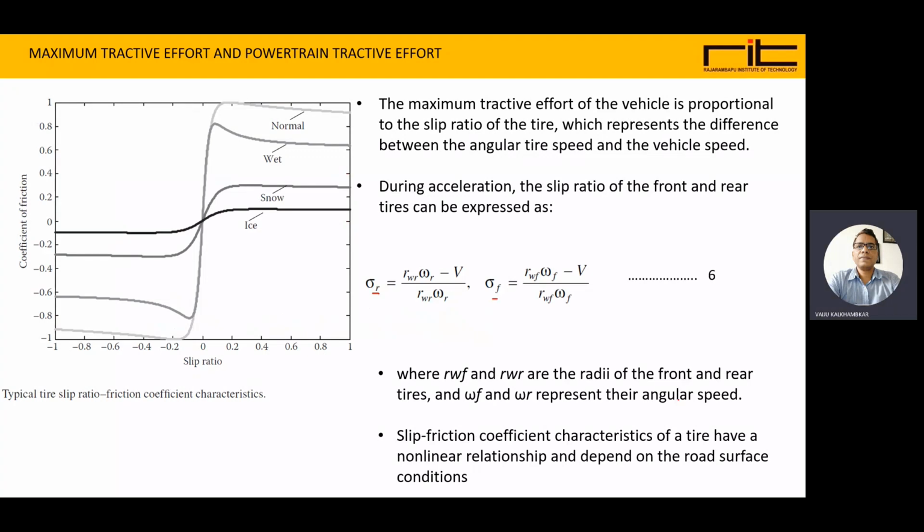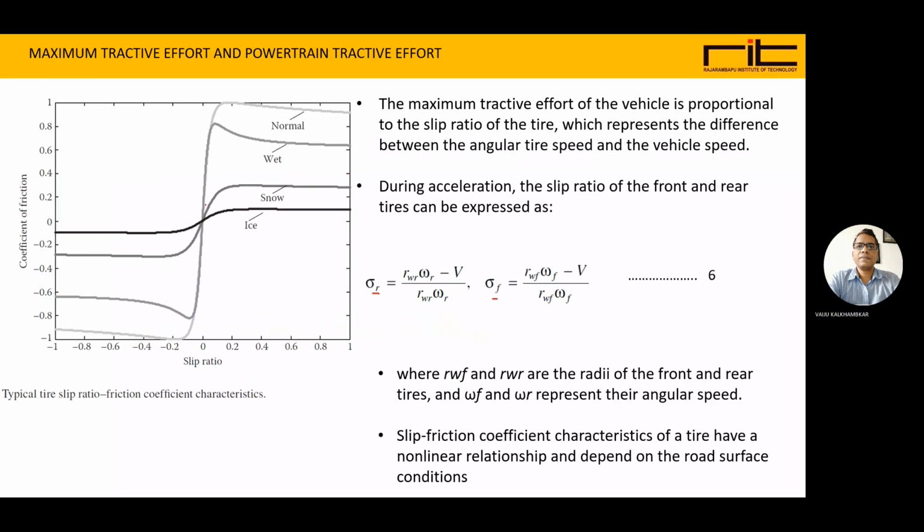Slip friction coefficient characteristics of tire have a nonlinear relationship and depend on the road surface conditions. So this coefficient of friction and slip ratio are shown in this graph. This is the typical tire slip ratio friction coefficient characteristics. For ice, we can see this is the slip ratio.